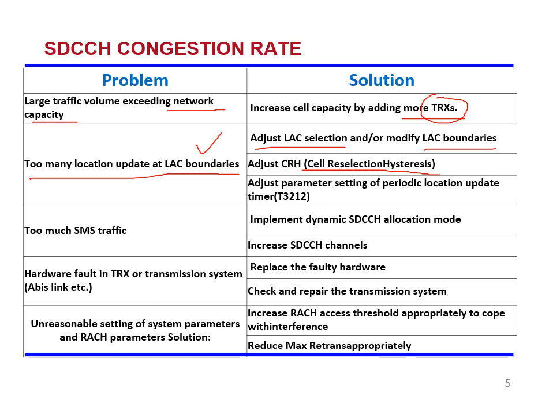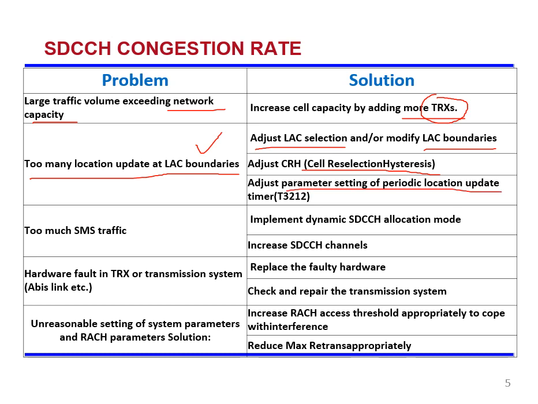That can also be configured at the OMCR, and this will help reduce the number of LUs. If you increase the CRH, the frequent location updations will be reduced, and the load on the resources will be reduced.